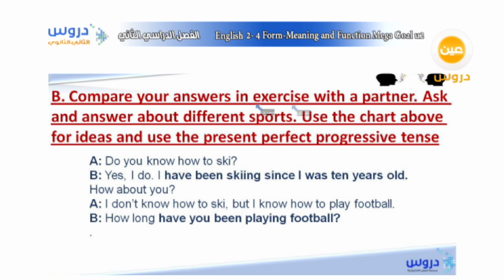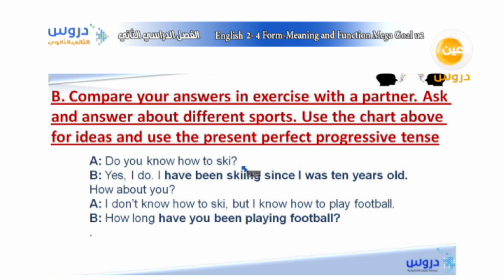Compare your answers and exercise with a partner. Ask and answer about different sports. Use the chart below or above for ideas and use the present perfect progressive tense. Here we have a short conversation.